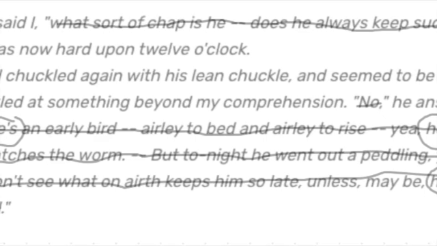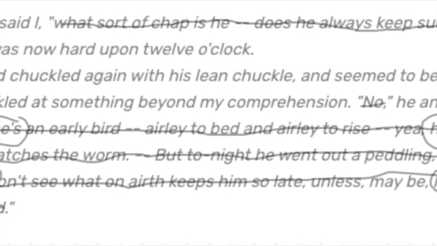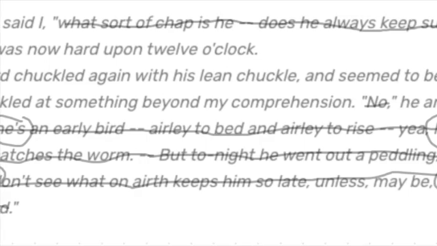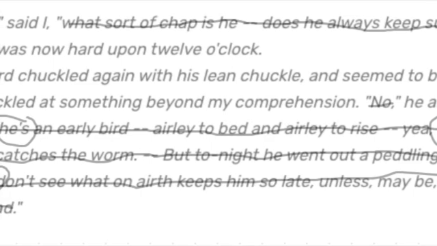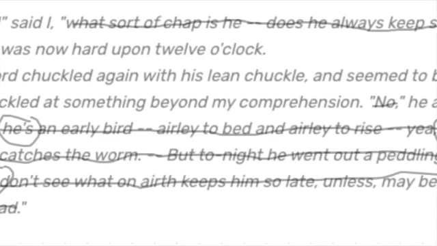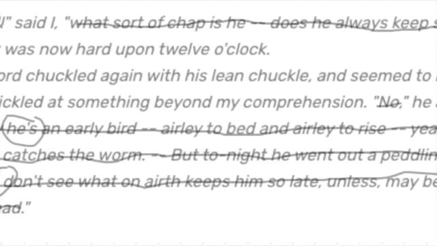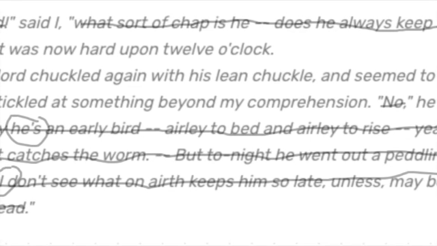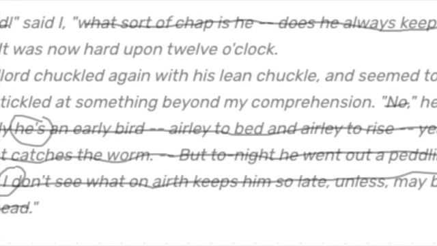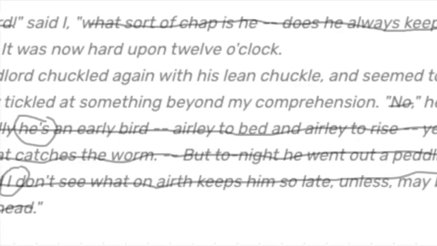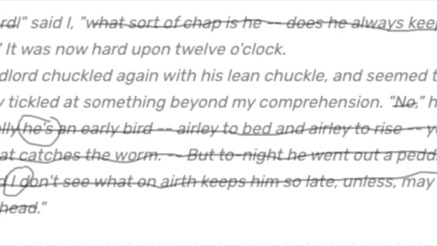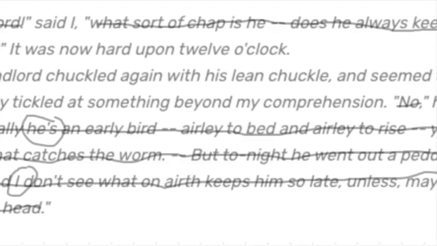Now notice how I put a line through a lot of the words. The reason why I did that is because it's dialogue. If we're looking at point of view, we do not want to look at the dialogue. Now if you look at the top, it says, "said I." So the pronoun I. "It was now hard upon 12 o'clock.